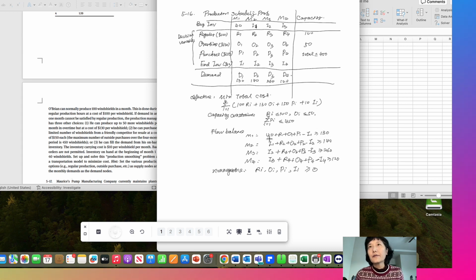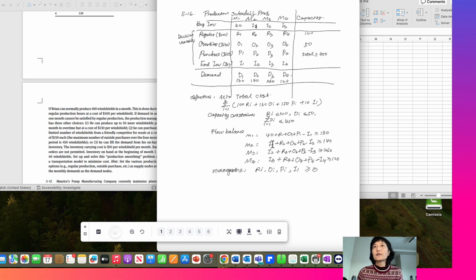If you look at month 1, 40 initial inventory, plus what is produced using regular time, plus the units produced in overtime, plus the units purchased from the competitor, minus what you want to carry over to next month, that is the net supply that you can use to meet the demand. So it must be greater than or equal to demand.